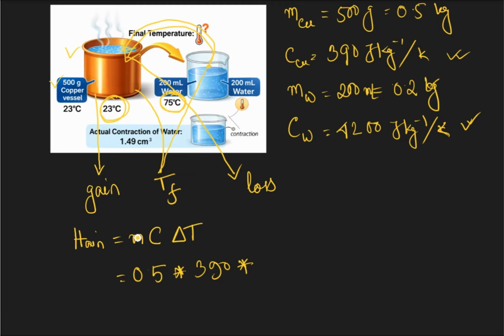And here the temperature is 23. As it is gain, among 75, 23 and TF, which one is the bigger one? Of course 75. This is the part of the heat lost. But for heat gain, the relation between the temperature is 23 and the TF. Indeed, TF minus 23 degrees Celsius, right?